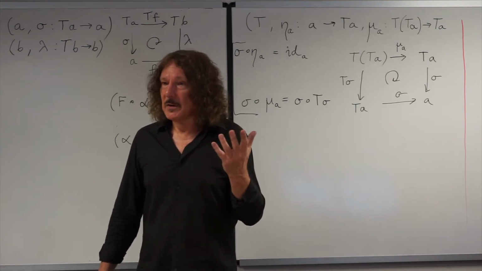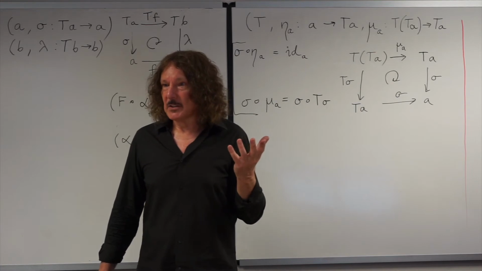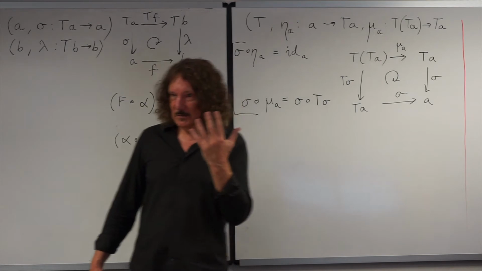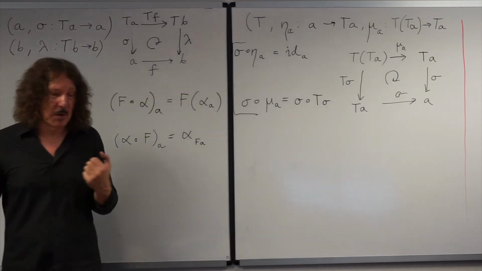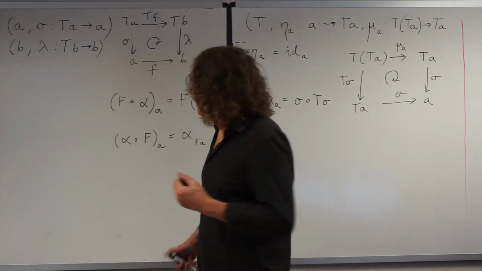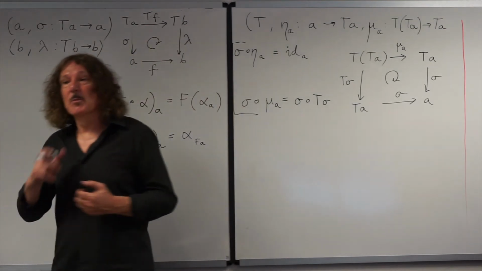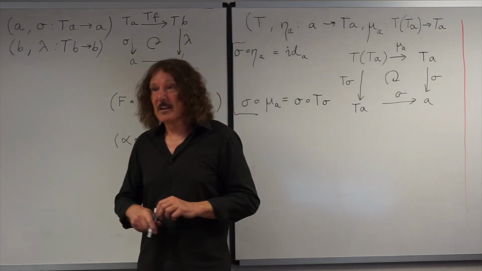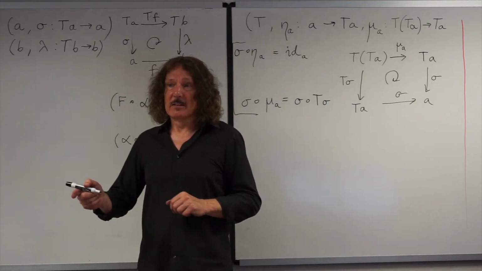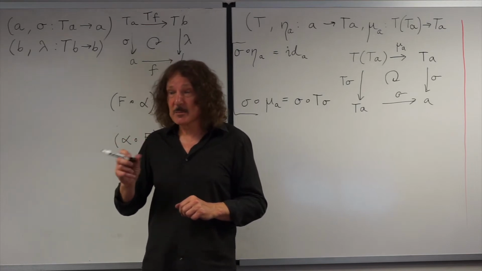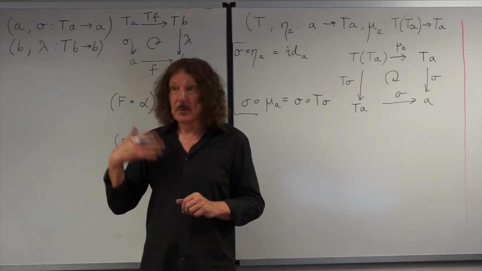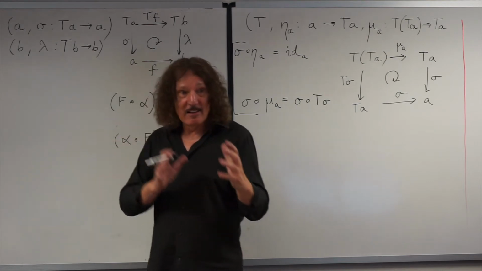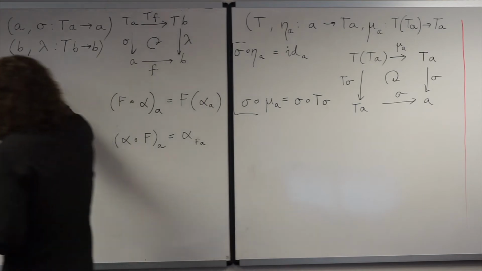So I have to generate this new category, okay? And it turns out that one of the possibilities for this adjunction that will generate the monad is the Eilenberg-Moore category, which is the category of algebras for this monad. Those are the algebras that are compatible with this particular monad. So this will be my left category.